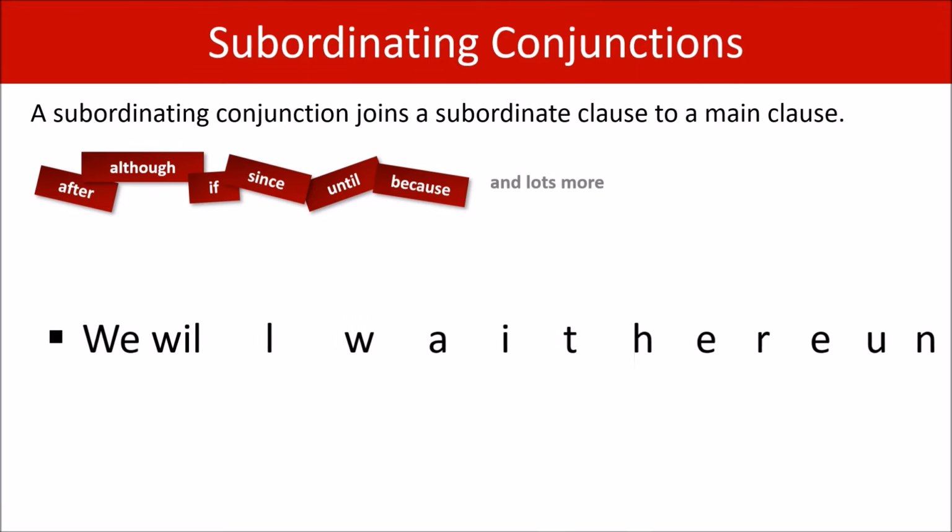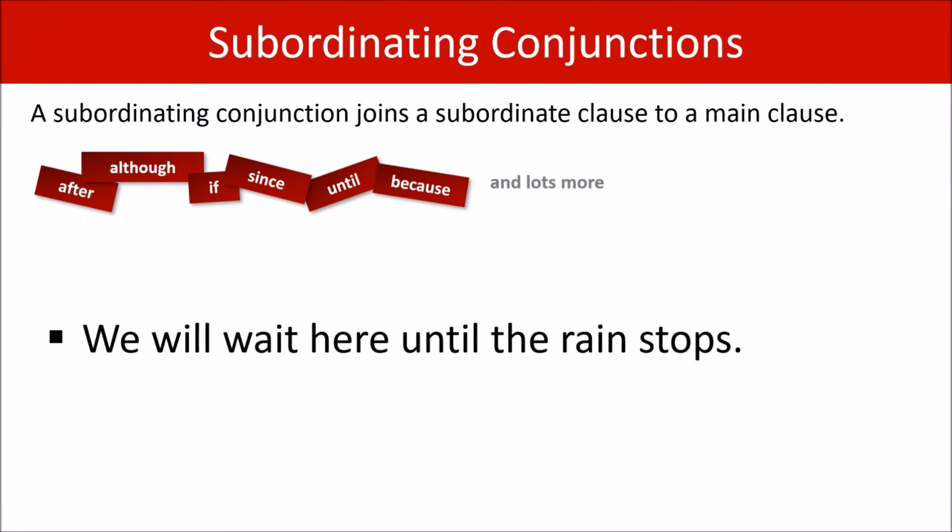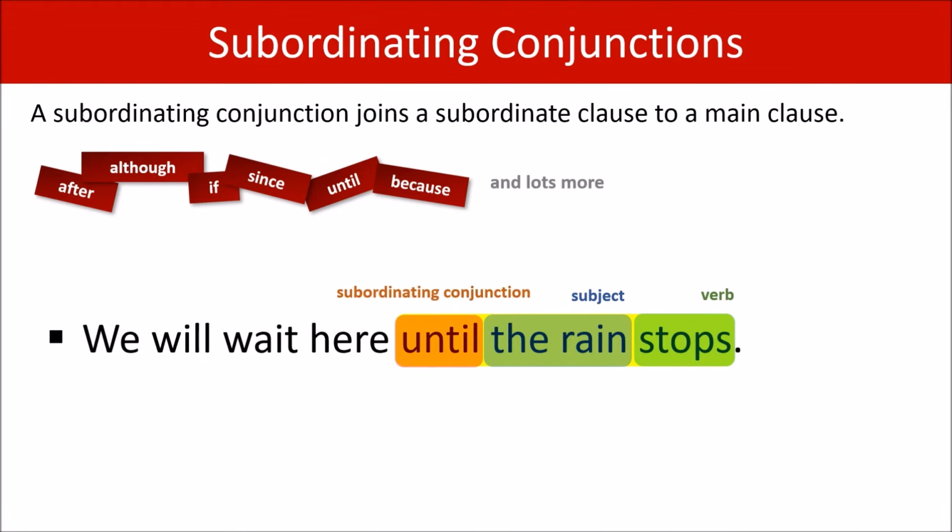But let's put up an example. We will wait here until the rain stops. Until the rain stops is our adverbial clause. There's our subject, there's our verb, and there's our subordinating conjunction. So we know that this is our adverbial clause.